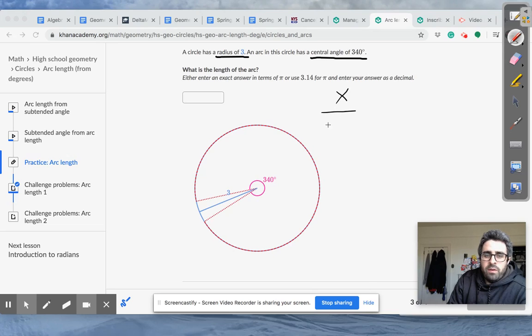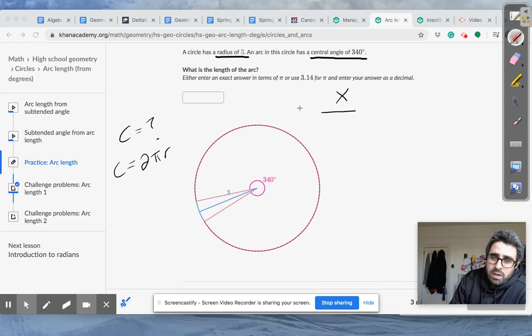over the circumference. But again, we don't know what the circumference is. So we have to use the circumference formula, 2 pi r. I'm not going to use pi times diameter in this case because we're not given a diameter. We're given a radius. So we'd say x over 2 pi times the radius, 3.